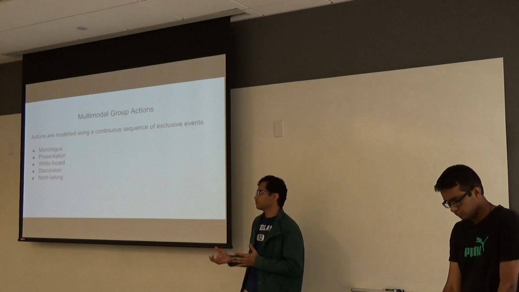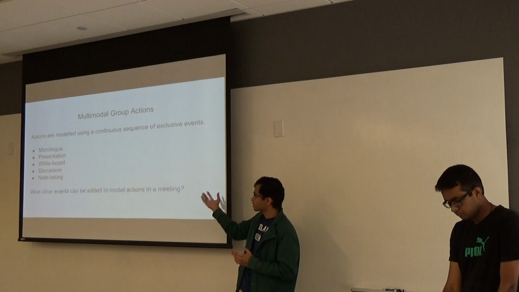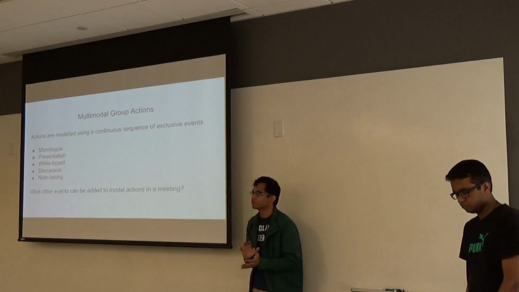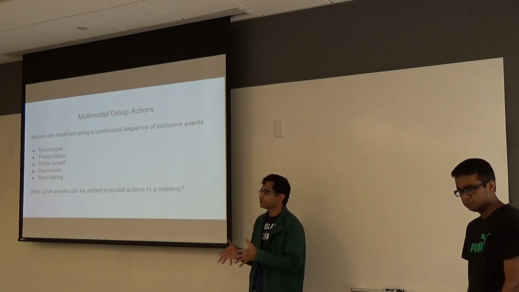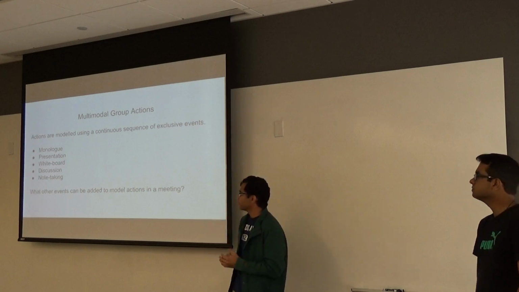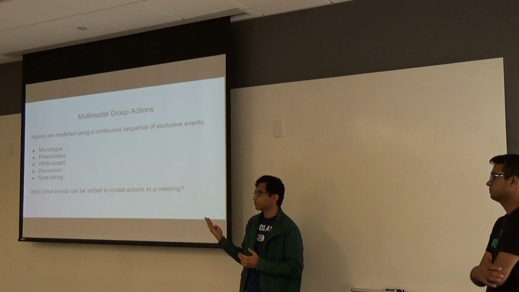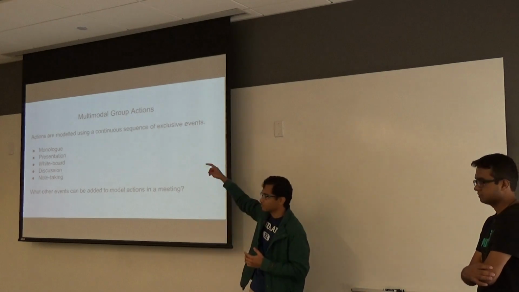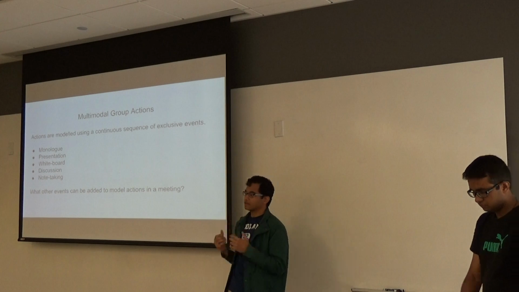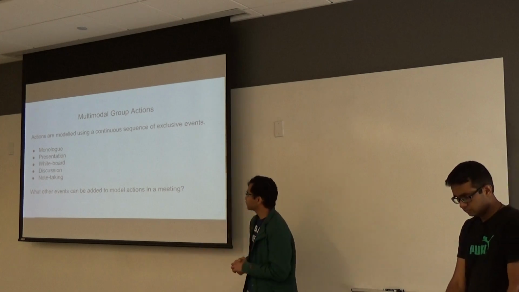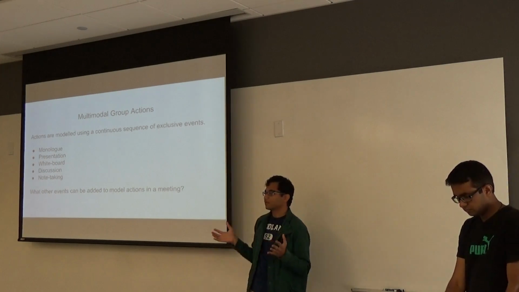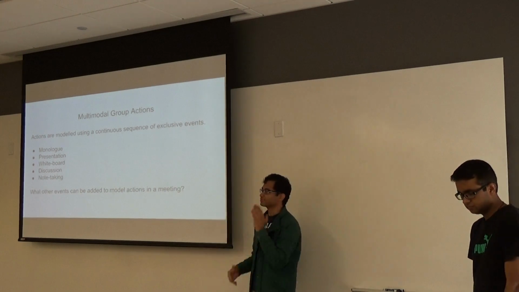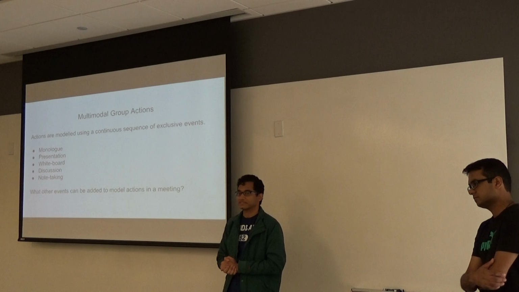Third was whiteboard, fourth was discussion, and fifth was note-taking. Discussion and note-taking are more involved group actions. In the research they involved 4 people, so they had 4 channels for monologue and 1 each for presentation, whiteboard, discussion, and note-taking, for a total of 8 events. Can you think of any other events that can be added to this set of events that they had come up with?